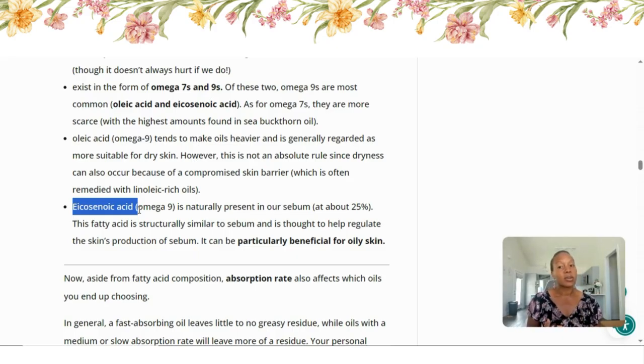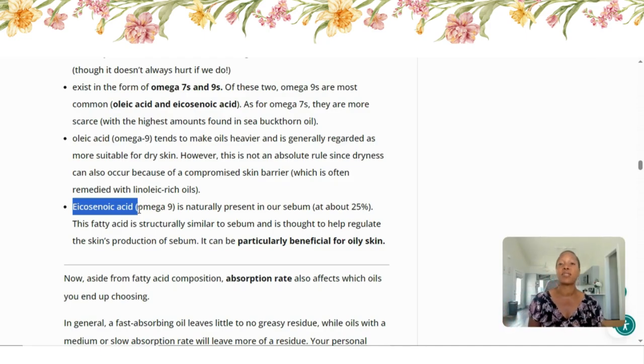Now, as you choose your oils, besides thinking about the fatty acid component, the other thing to think about is the absorption rate. Potentially, like I have a couple of oils, some of which are heavier, some of which are lighter. I definitely prefer to use the lighter ones during the daytime.